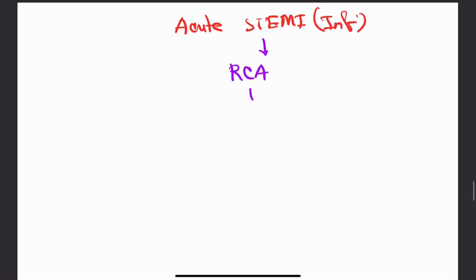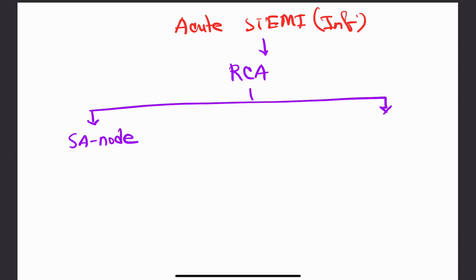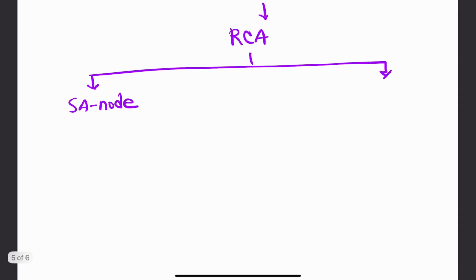What other structures get supply from it? First one is the SA node, which gets arterial supply from the right coronary artery in more than 65% of cases. If the SA node is affected, the heart rate will be reduced. That's why bradycardia happens. So as a complication of acute ST-elevated MI inferior, we will get bradycardia.